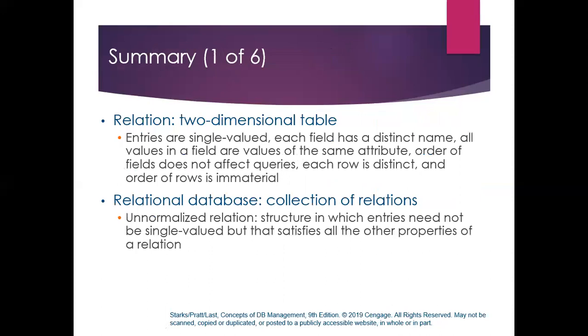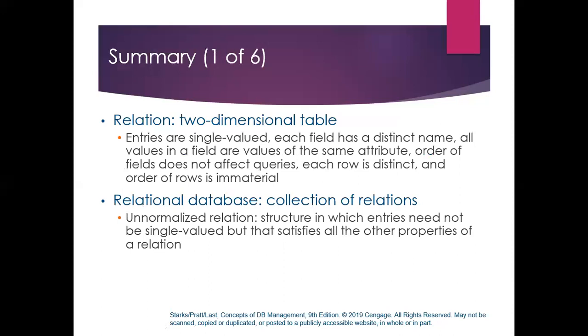In conclusion, a relation is simply a two-dimensional table. Entries in a table are single valued. Each field has a distinct name. All values in a field are values of the same attribute.